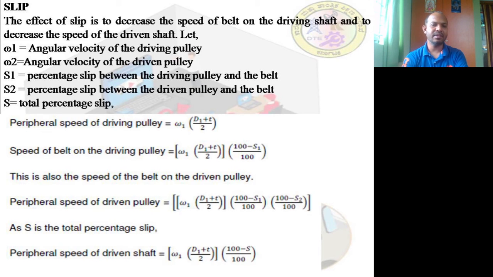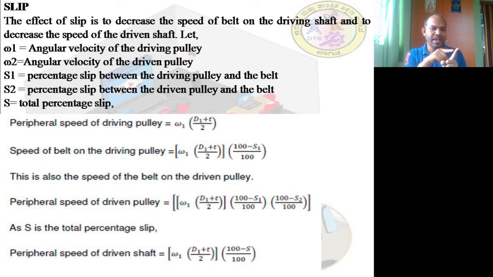Thus s is the total percentage of slip, and the speed is given by omega 1 into (d1 plus t) divided by 2, into (100 minus s) divided by 100, where s is the total percentage of slip. That means if a driving pulley rotates 100 times, assuming the driven pulley is of the same size, it will rotate some x times.